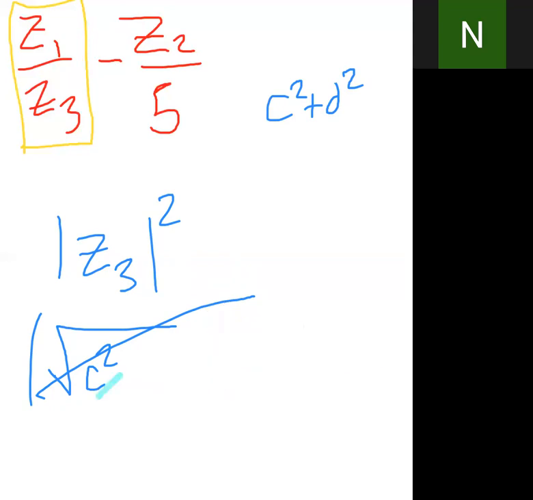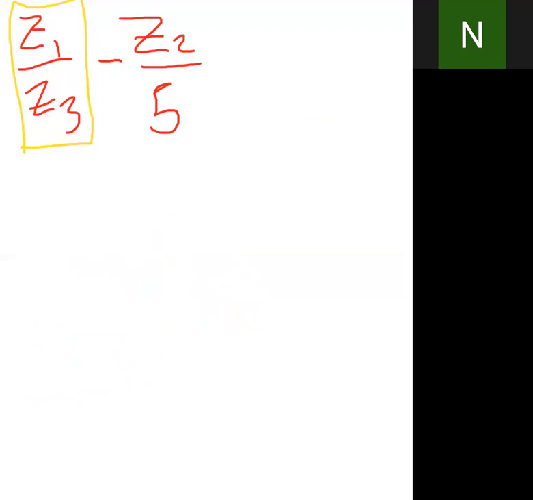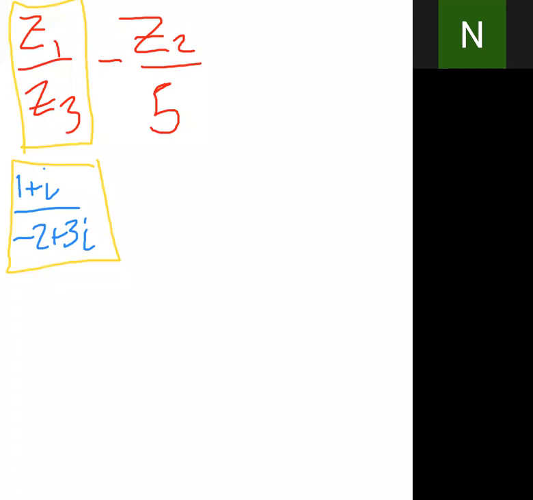But now that we've walked through that, let's plug in some of our numbers. Okay, so this is just that yellow box again. Since I've walked through it already, I'm just going to jump through it. I know I have to multiply the numerator and the denominator by the conjugate.